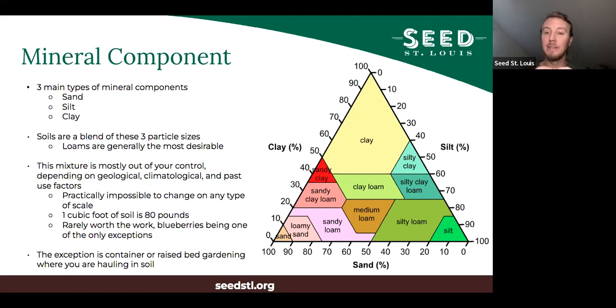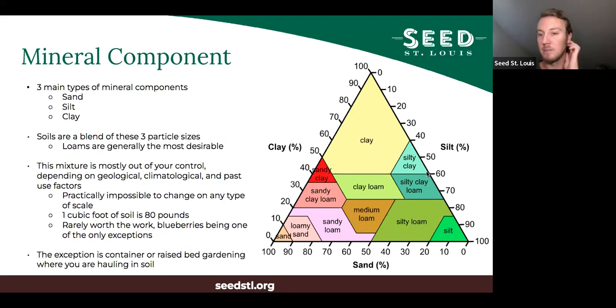And depending on the size of particle and the blending between them, that determines what soil type you have, whether it's a clay soil or a loam soil or a sandy loam or a sandy clay or a silty clay. That's just a reference of what is the blend of those three particle sizes that make up the mineral component of your soil.